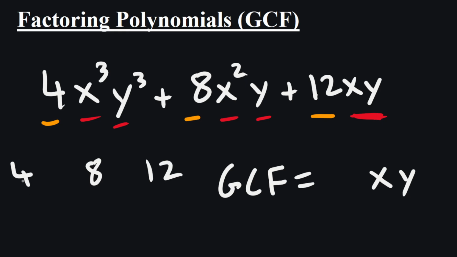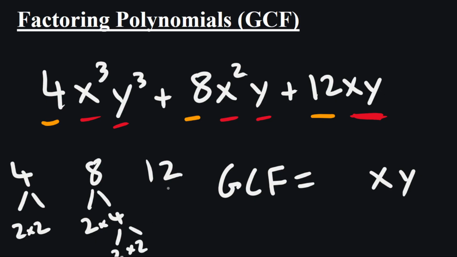So 4, we can break down to 2 times 2. 8 can also be broken down to 2 times 4. And then 4 again can be broken down to 2 times 2. And then 12 is really just 2 times 6. 6 is 3 times 2. Okay, so what factor do they all share?